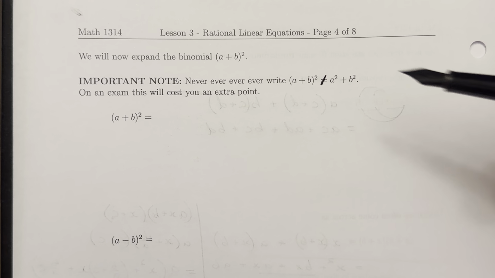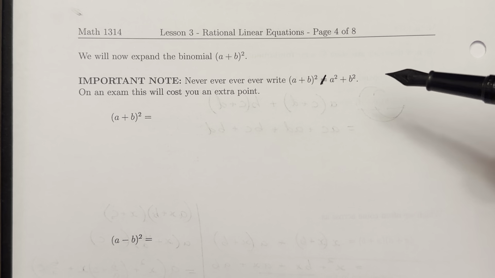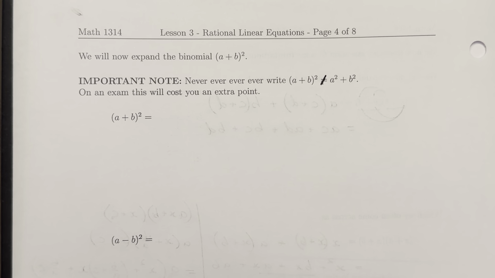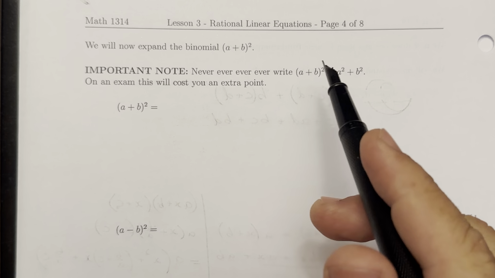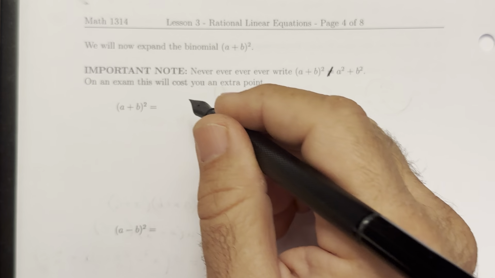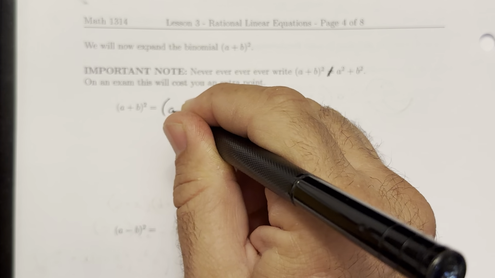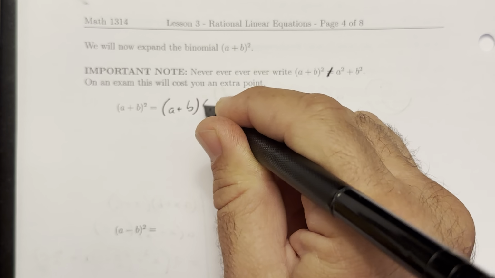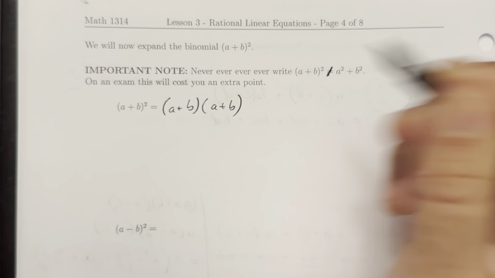This is not a mistake you want to make, so make sure that you don't make it. But what does it mean if I have a plus b squared? Well, that just means that I've got a plus b multiplied by itself, right? So I have a plus b times a plus b, just like so.